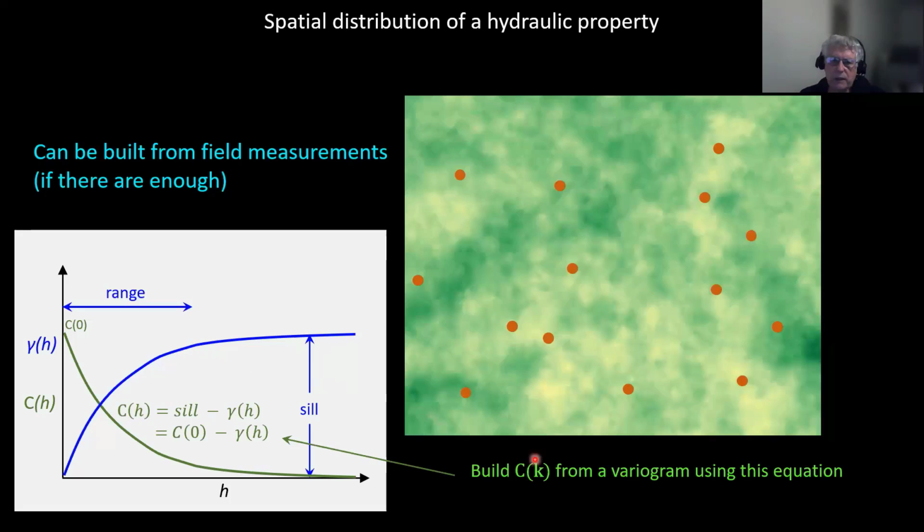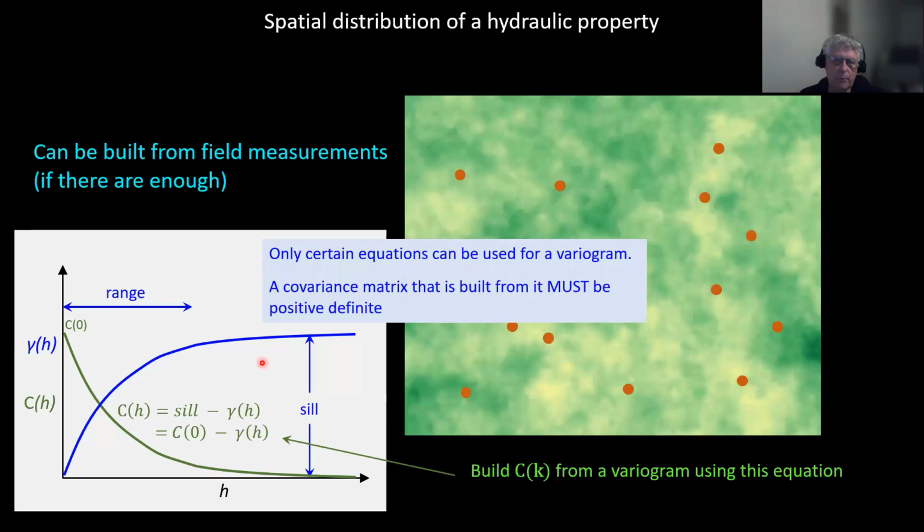We may be able to characterize this variogram from field measurements. Generally in groundwater, we don't have enough, we just guess it. But if we can come up with a range and a sill, we can come up with a very easy way to build that prior covariance matrix, and all we need is two numbers, the range and the sill, and then we can build our CK.